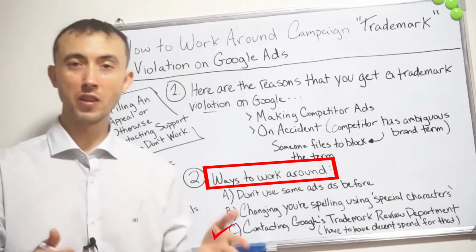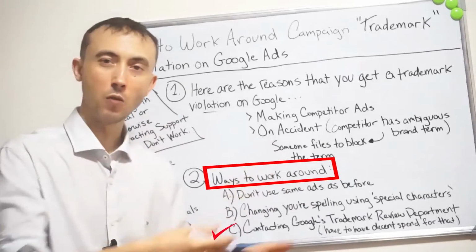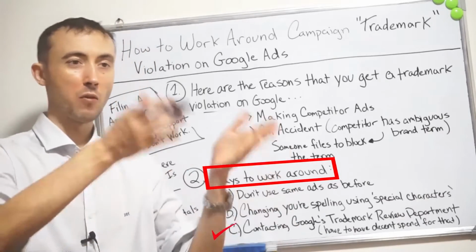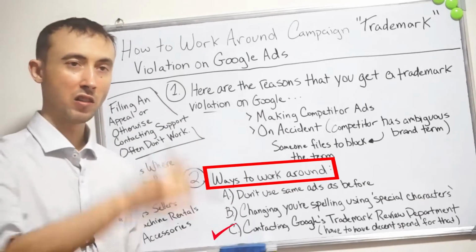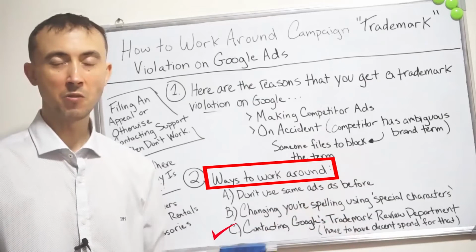And if you're wondering what's in the ad that's the problem, of course on the trademark violation it tells you the exact word that's the problem. So you always know, and then it's just a matter of, okay, with that word, is it special characters, is it spaces? Is it spaces and special characters? Am I going to spell it differently?